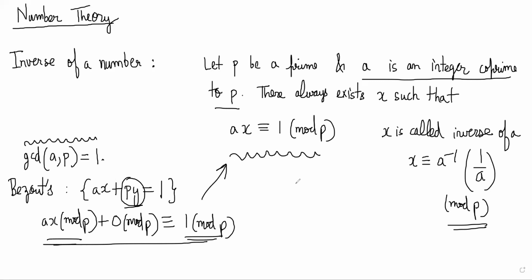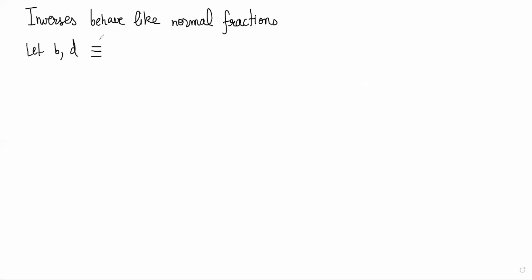One thing to know is that inverses are very convenient sometimes because they behave like normal fractions. You will have properties like this. Let b and d be not congruent to 0 mod p.